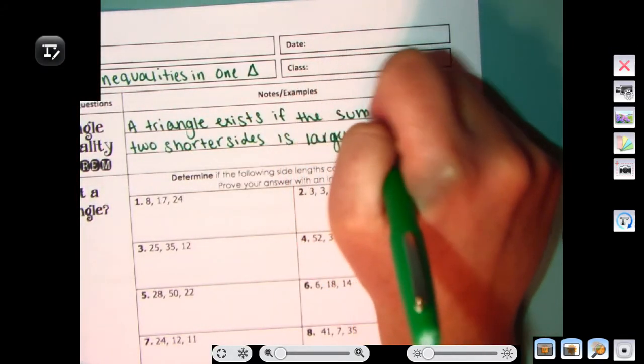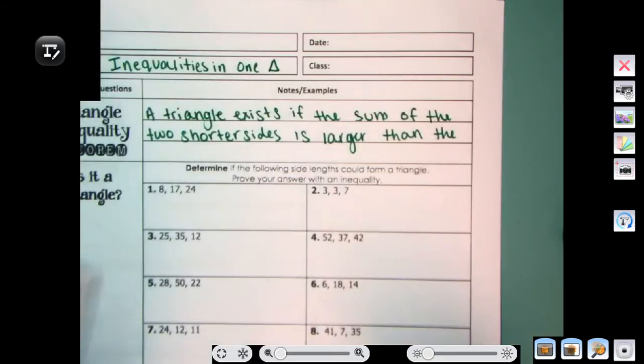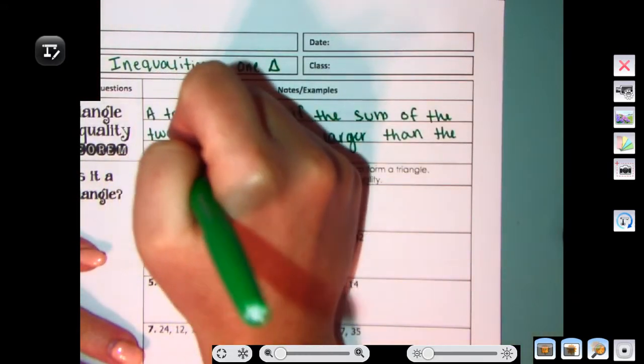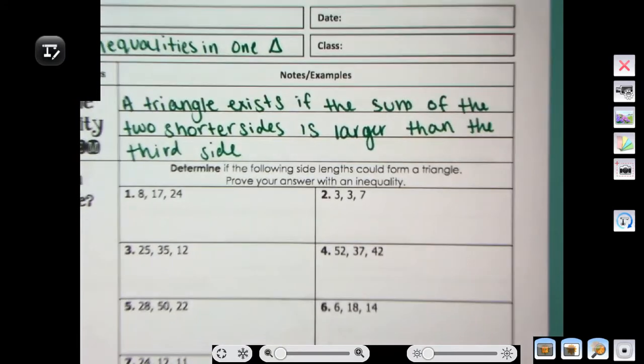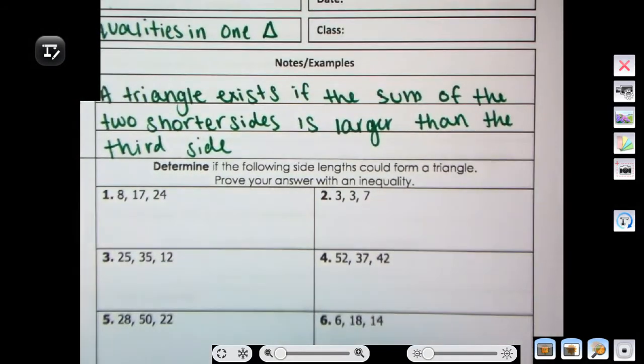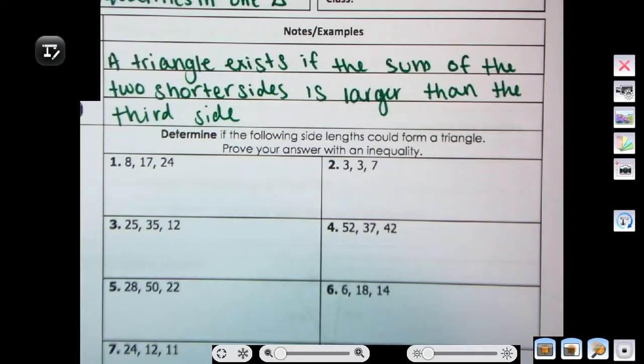Meaning, if we take the two shorter sides and we add them together, it should be larger than the third side. And if that's the case, then we can create a triangle. Otherwise, we can't create the triangle.